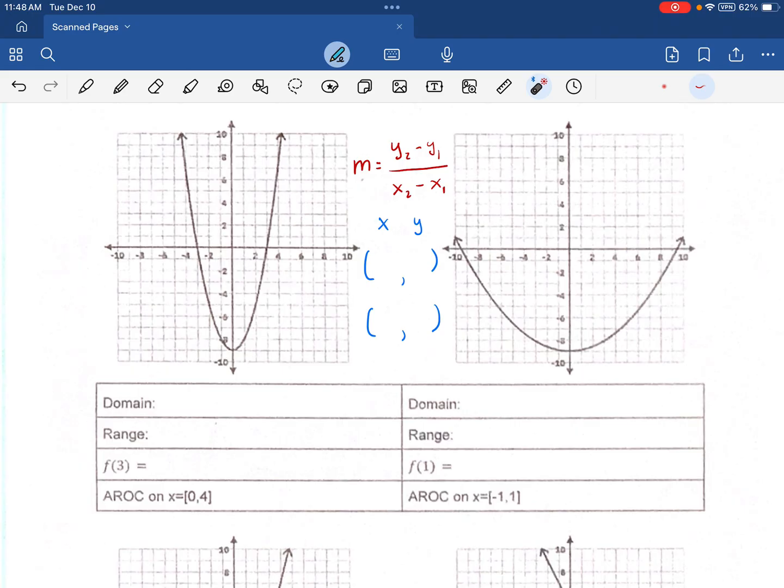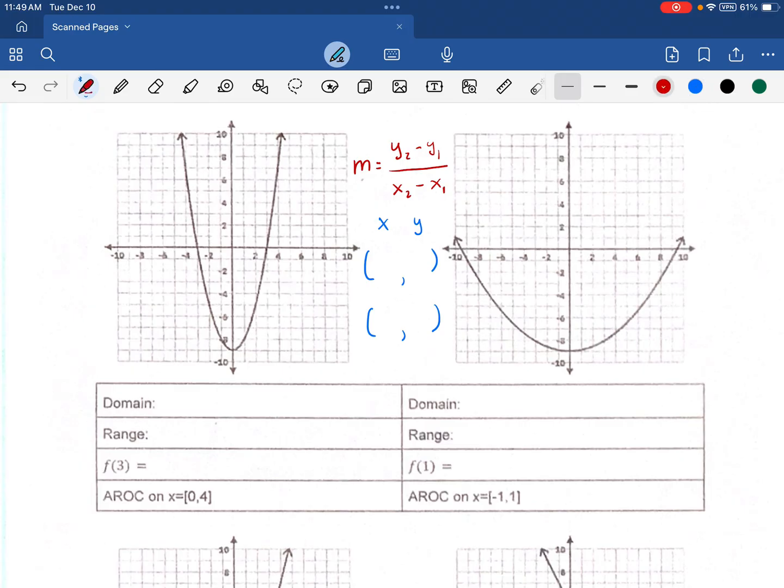Okay, back to the problem. I want to find the average rate of change on the interval of x equals -1 and 1. Let's find where x equals -1 and where x equals 1. Here's my x-axis. Here is where x equals 1. I'm going to draw a slice where x equals 1.